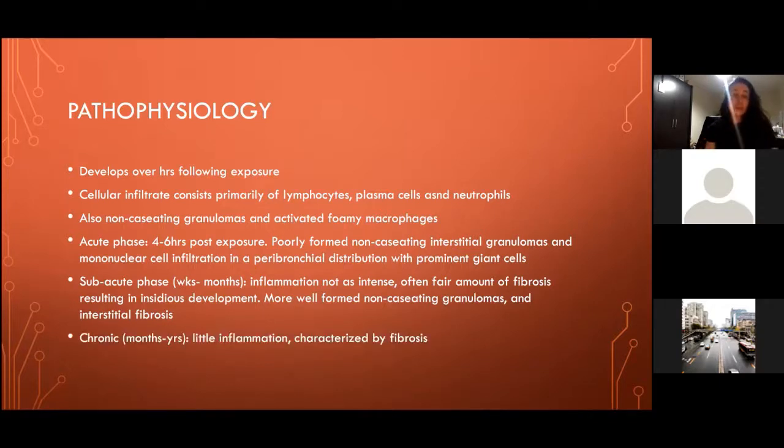And then in the chronic phase, that's generally months to years. There's little inflammation, but it's characterised by a lot more fibrosis. Now the pathogenesis involves both the type 3 and type 4 hypersensitivity reaction. Type 3 being the production of immune complexes, and type 4 being a more delayed response that's mediated by Th1 helper cells.